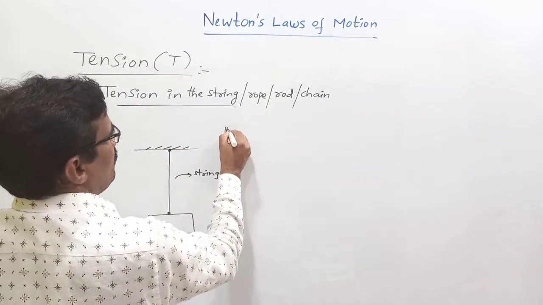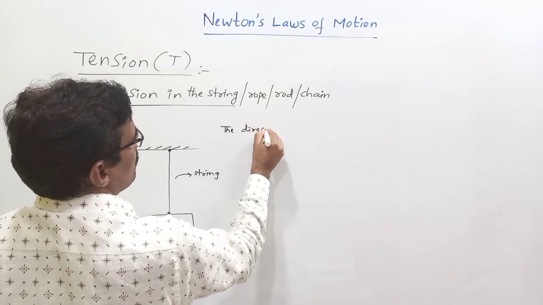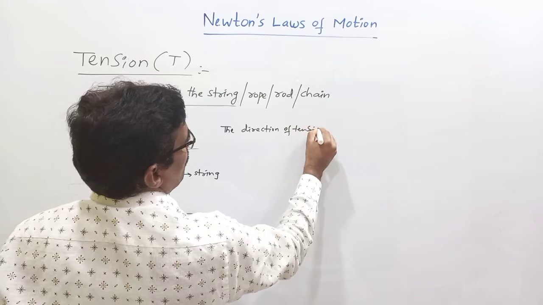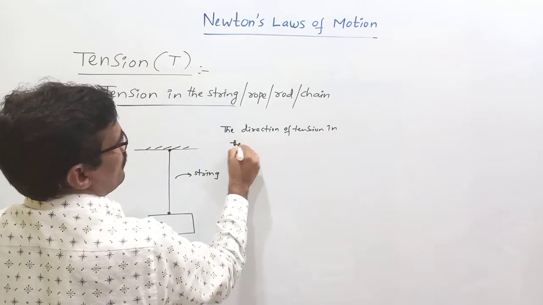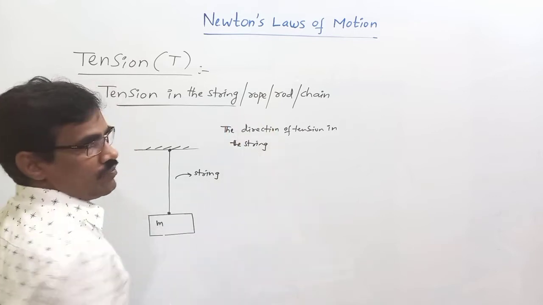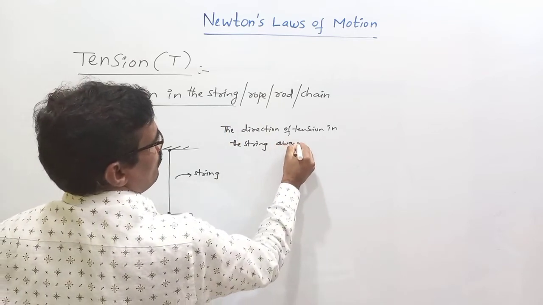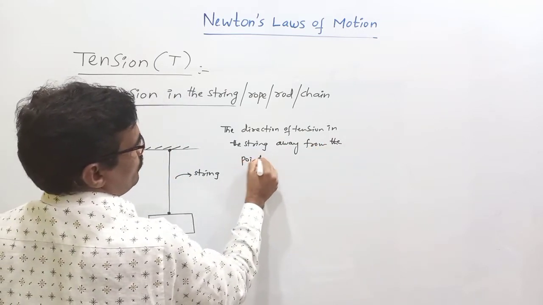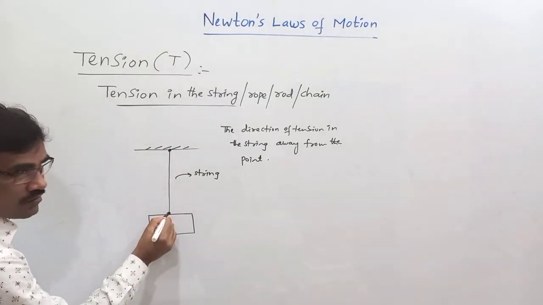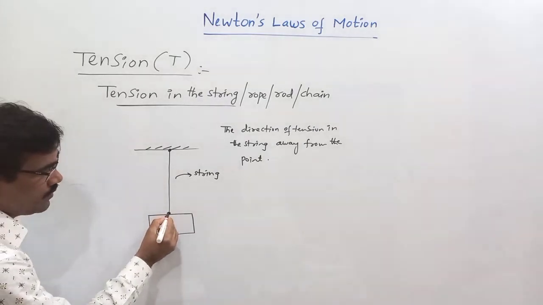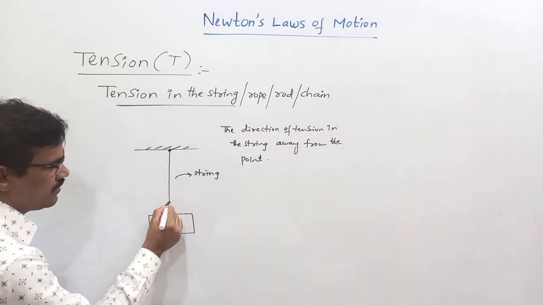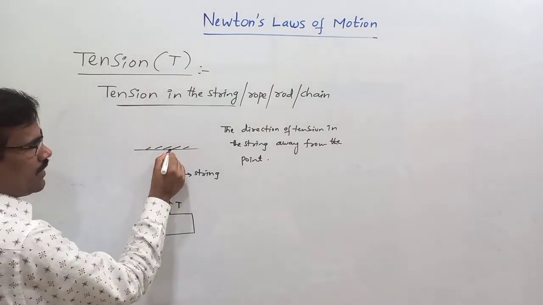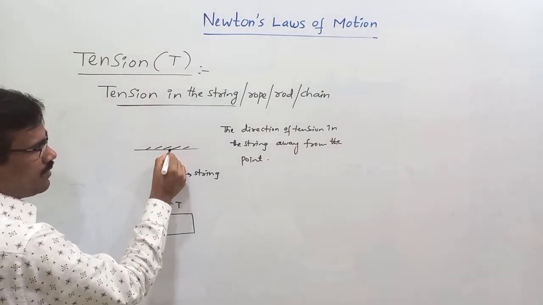The direction of tension in the string is away from the point. Suppose I want tension here: tension is away from this point, which means this side. Tension T.